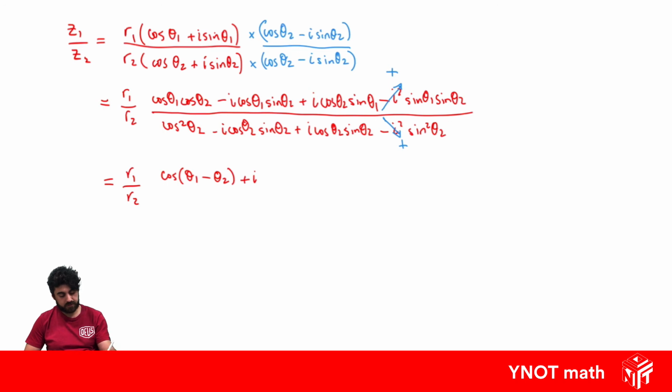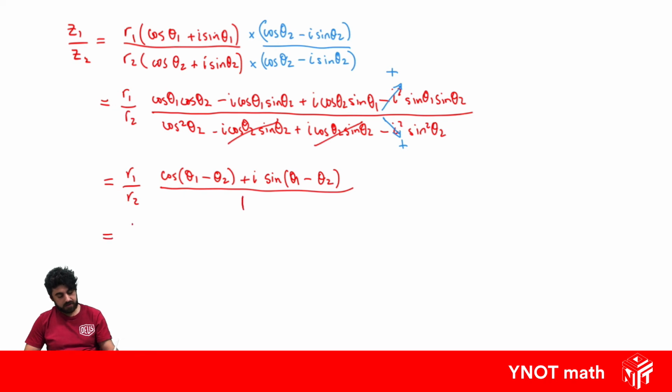That actually equals sine of theta 1 minus theta 2, all over. These two terms cancel out because they're opposites, and we just have cos squared theta 2 plus sine squared theta 2, which is just 1.